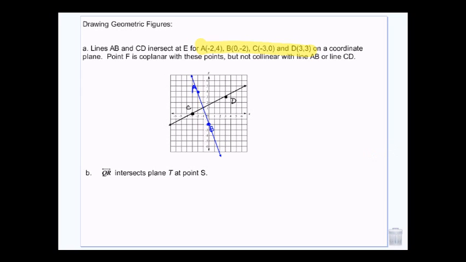So now I have lines AB and CD drawn. The next bit of information, we're intersecting at E. Now, there should be a T there. So wherever those two lines intersect, I draw a point and I label it E, because I was told that the intersection is E.